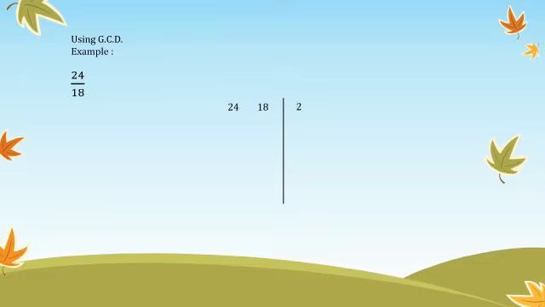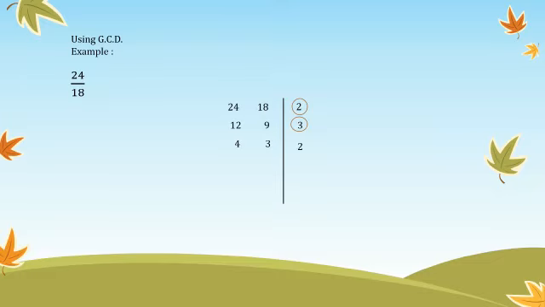We can divide 24 and 18 by 2, so we circle number 2. 24 divided by 2 is equal to 12, and 18 divided by 2 is equal to 9. And 12 and 9 can be divided by 3. So 3 is a common divisor, so we circle it. 12 divided by 3 is equal to 4, and 9 divided by 3 is equal to 3.